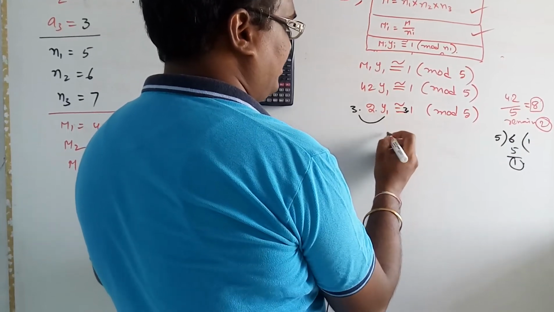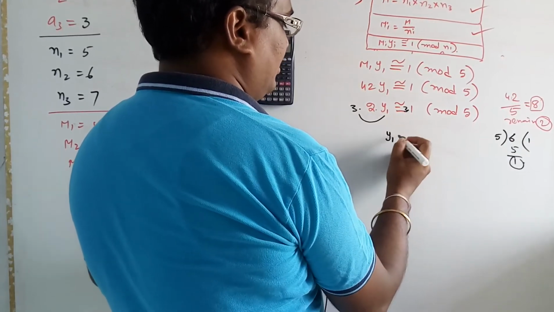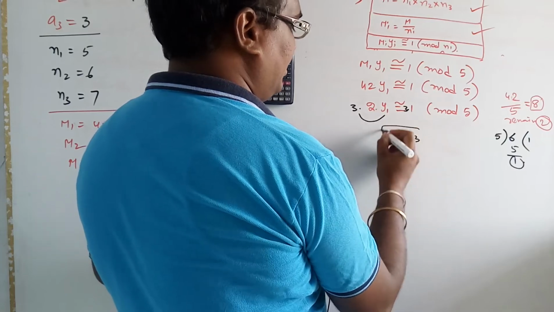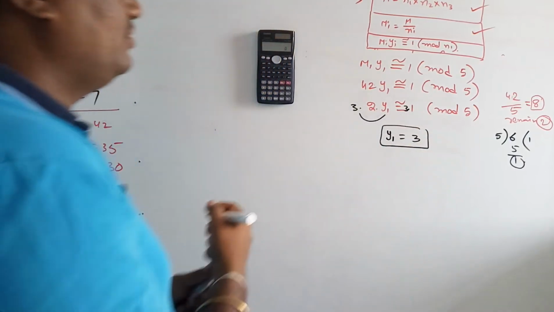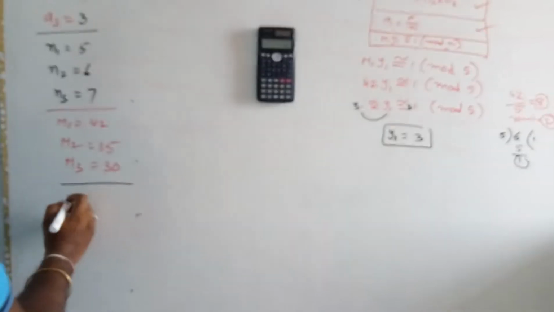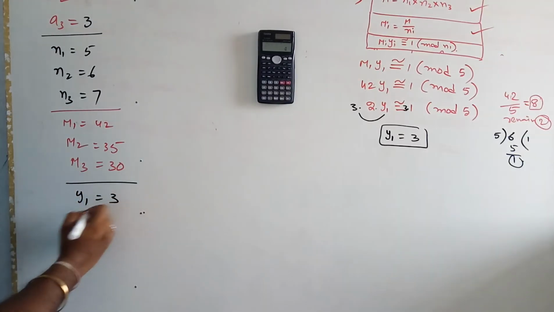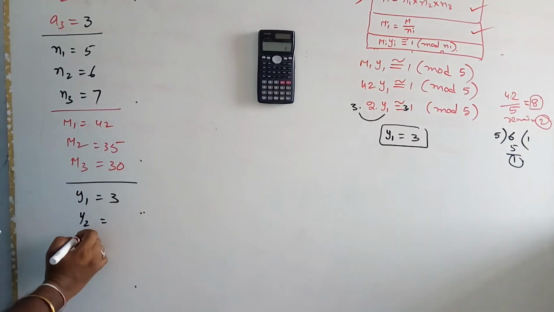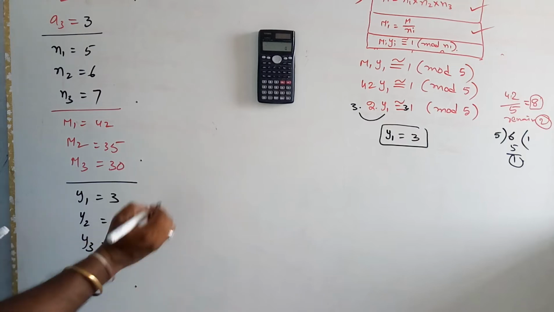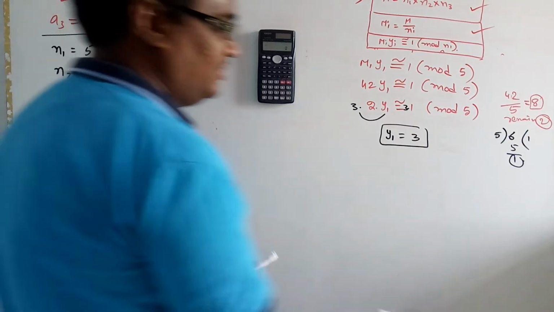Therefore, Y1 is equal to 3. Next, you find Y2 and also Y3.